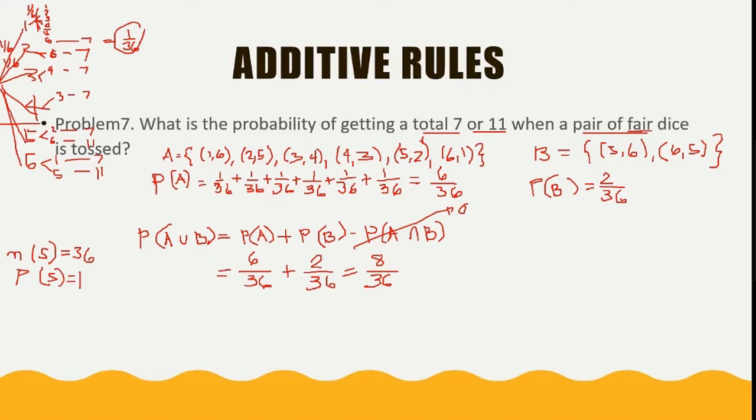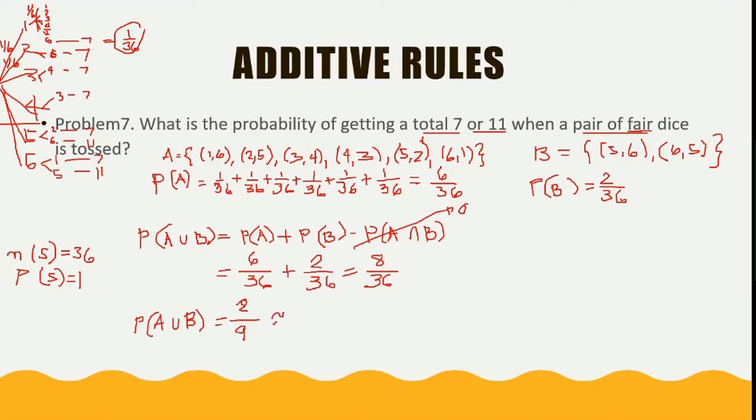8 is 4 times 2, and 36 can be divided by 4. So 8 divided by 4 is 2, and 36 divided by 4 is 9. So the probability of getting a pair whose total is 7 or 11 is 2 over 9.